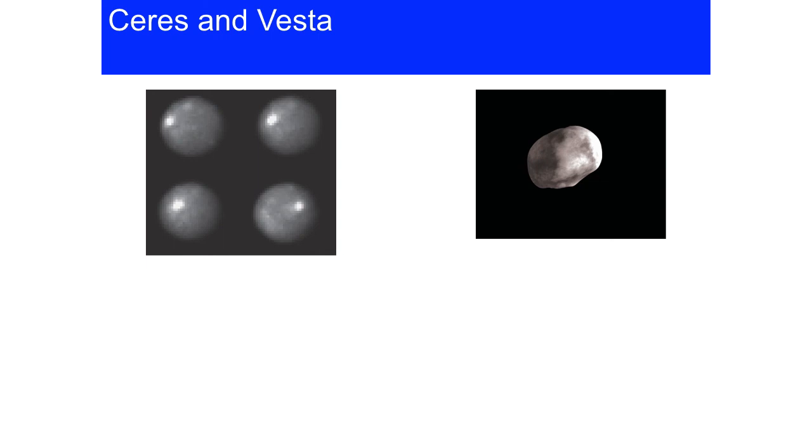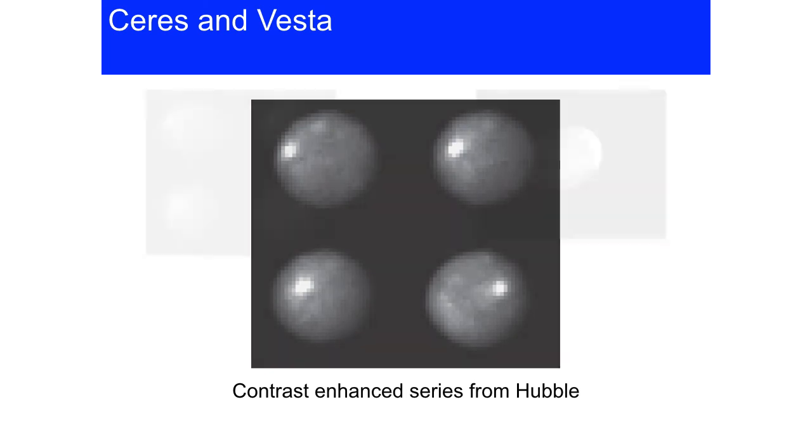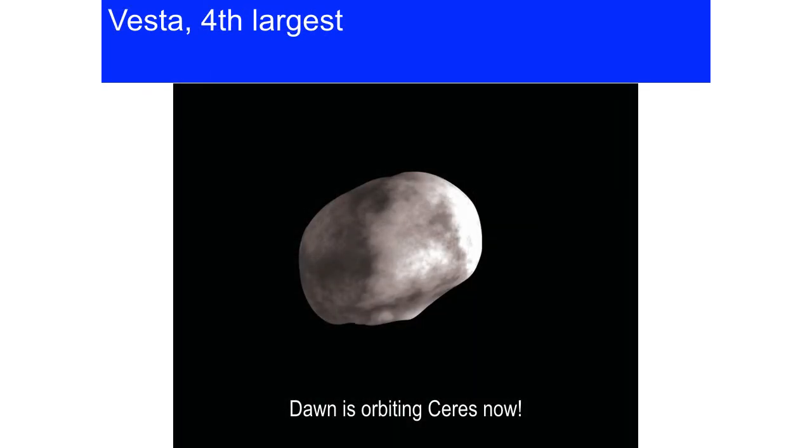So this is Vesta, but Dawn is, go ahead and make a note. The Dawn spacecraft has orbited Vesta, but now it's orbiting Ceres. And we're looking at those bright spots, trying to figure out what those are.